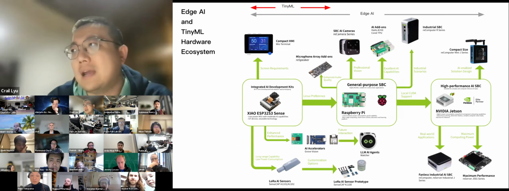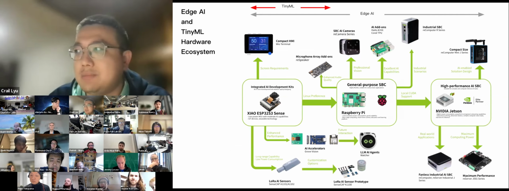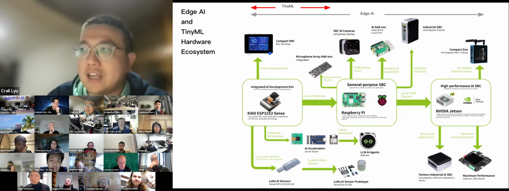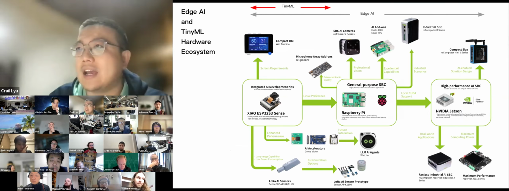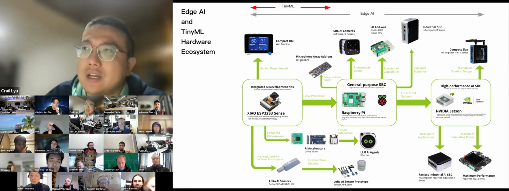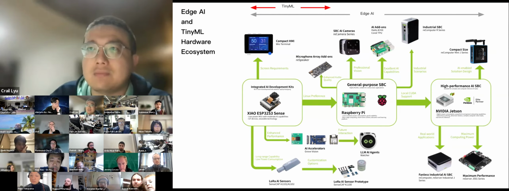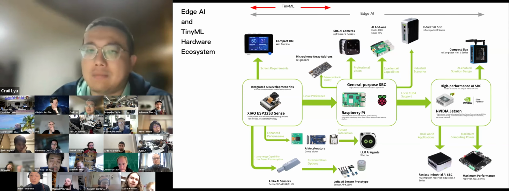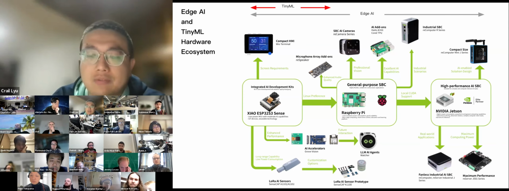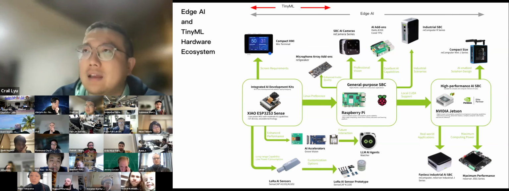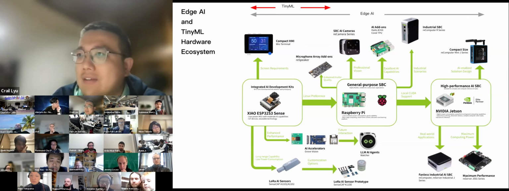You can also go to high performance single-board computers with GPUs, like the NVIDIA Jetson, to do edge AI. So tiny machine learning is really the beginning of edge AI devices, mostly focused on microcontrollers, which you are very familiar with, such as Microchip, Espressif, and Nordic.